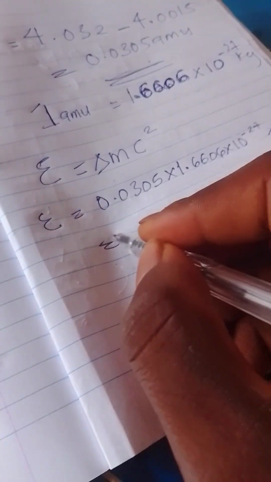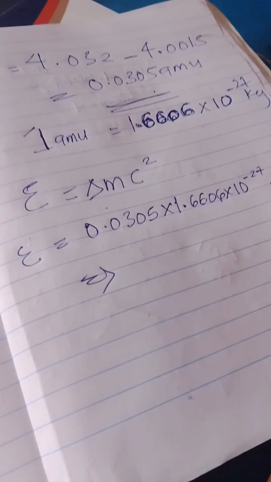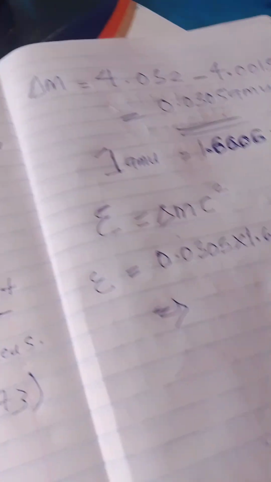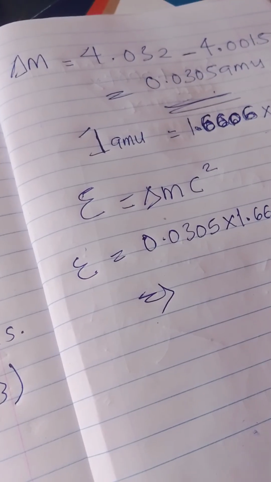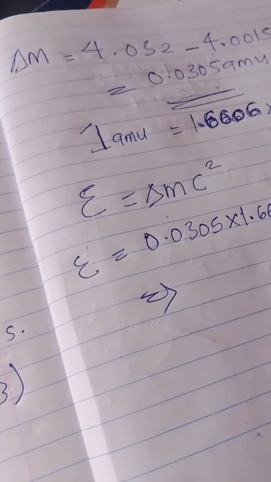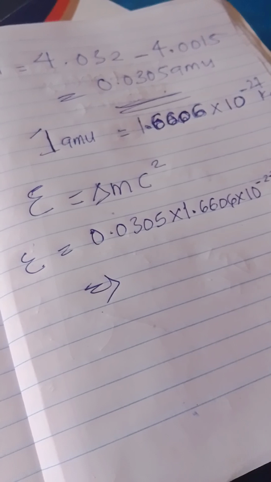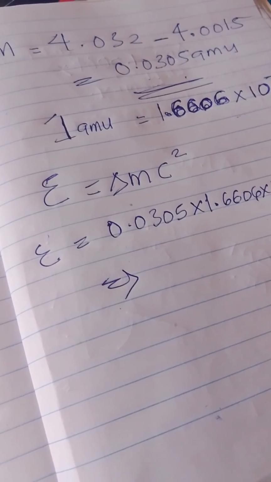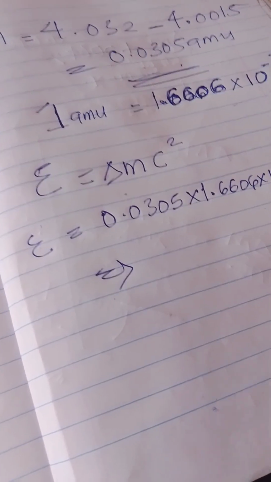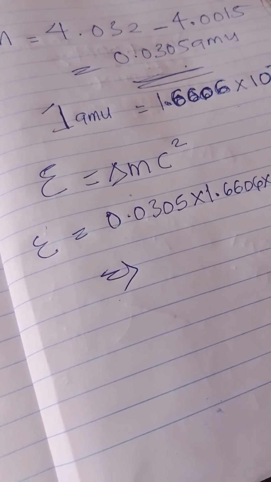So our E will now be equal to 0.0305 times 1.6606 times 10 to the minus 27, multiplied by 3 times 10 to the 8.